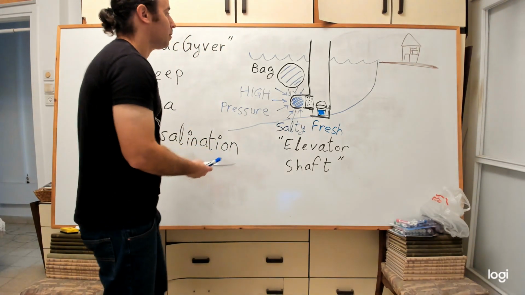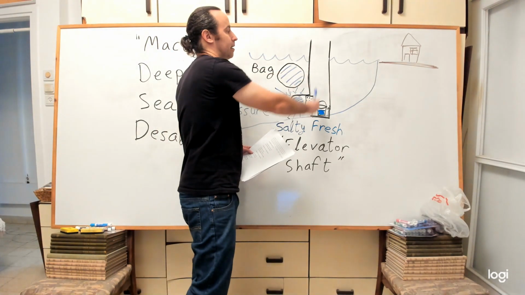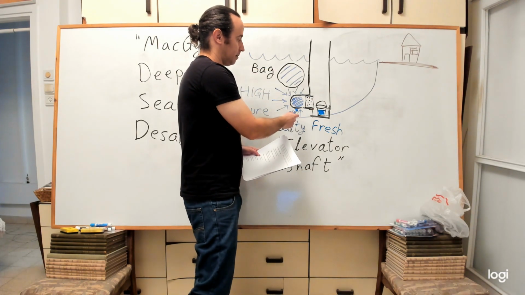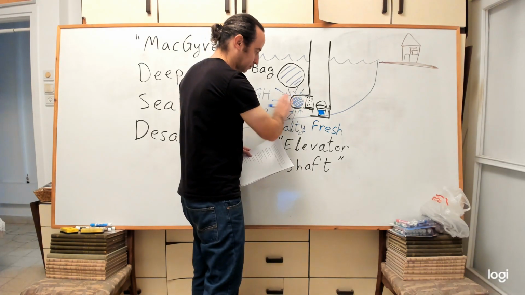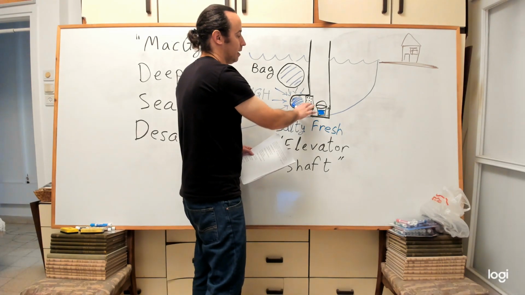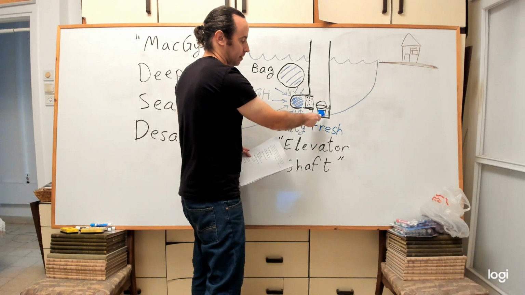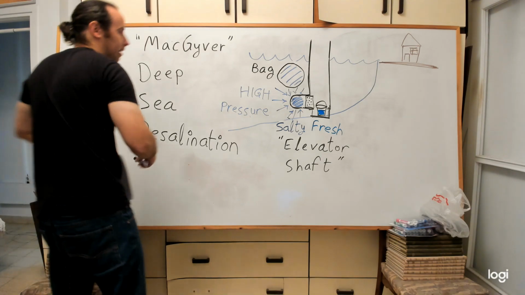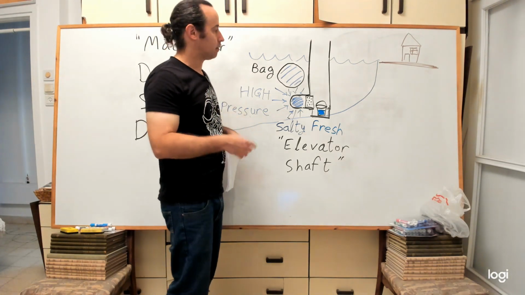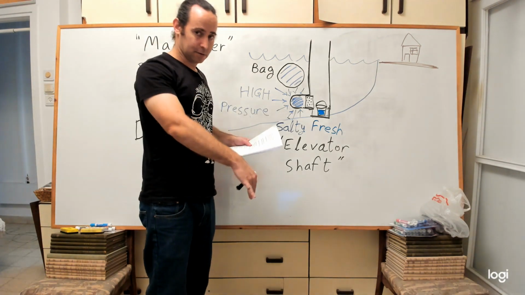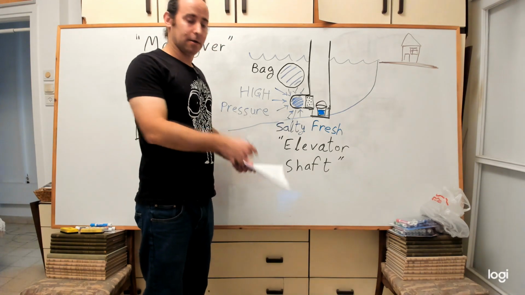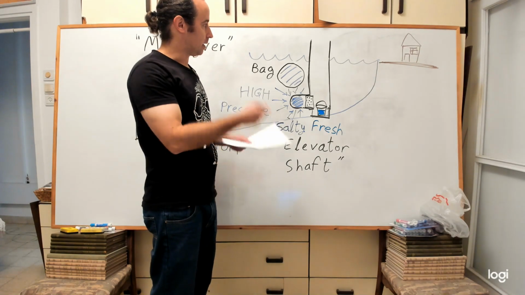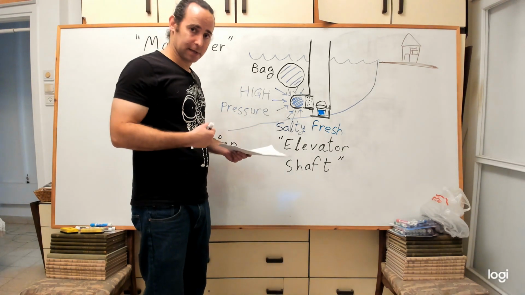Okay, so all we need to do is treat this like an elevator or like a well. Now all the water here is squeezed and we have the fresh water in here. Like in the Old West or anywhere that there is a well, that you dig down into the ground, deep down to get water and bring it up using a rope and a bucket.